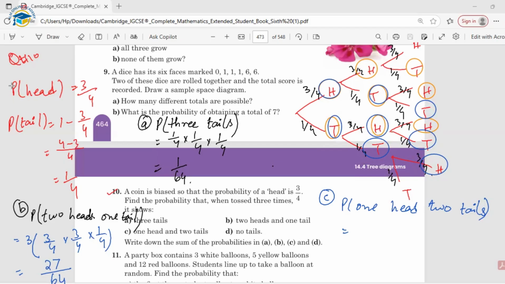Again, 3 possibilities, okay? Head probability is 3 by 4. 2 tails probability is 1 by 4 and 1 by 4. 9 over 64, okay? This is the probability for part number C.